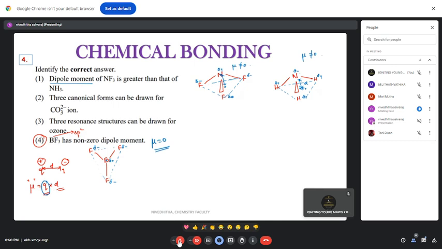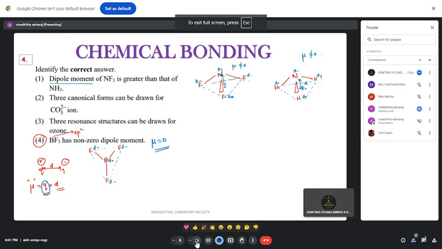Now we have to check the magnitude of charges in both cases. In both cases, we have charge separation. But in which case was the charge separation more? Obviously, what we'll be thinking is that in NF3, fluorine has higher electronegativity. In the periodic table itself, fluorine is a highly electronegative atom, right? So we'll be expecting that charge separation will be more in NF3.